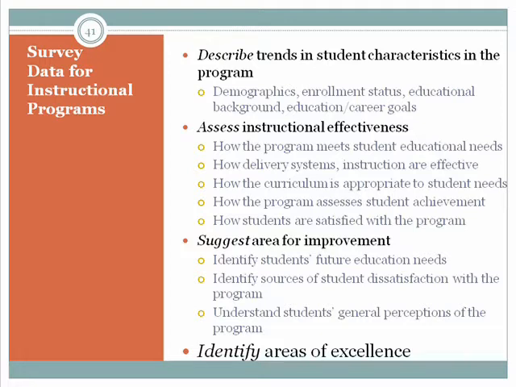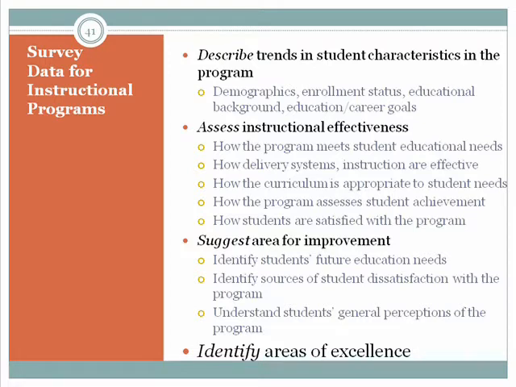Programs also use survey data to assess instructional effectiveness. For example, programs may want to examine how the program meets student educational needs, how delivery systems and modes of instruction are effective, how the curriculum is appropriate to meet student needs, how the program assesses student learning or achievement, and finally, how students are satisfied with the program.